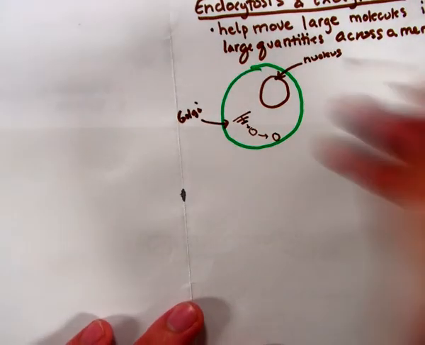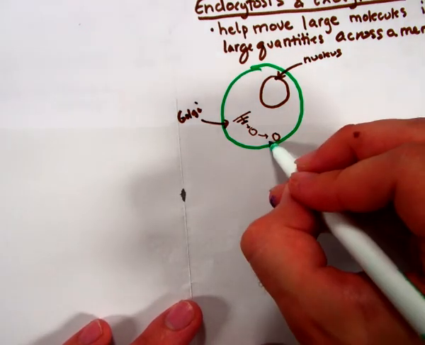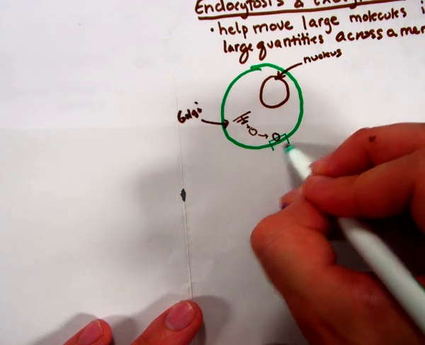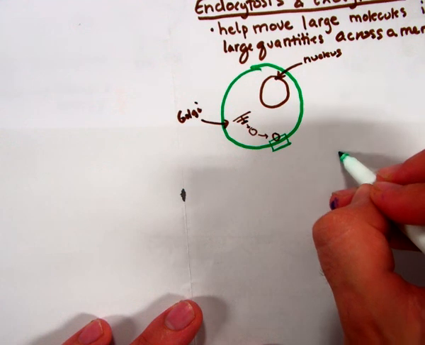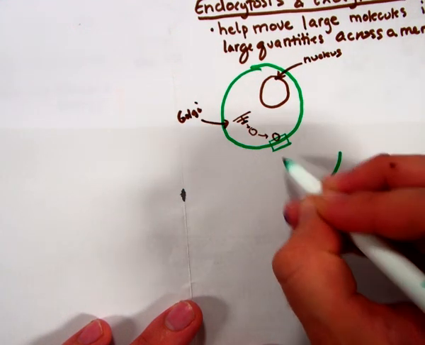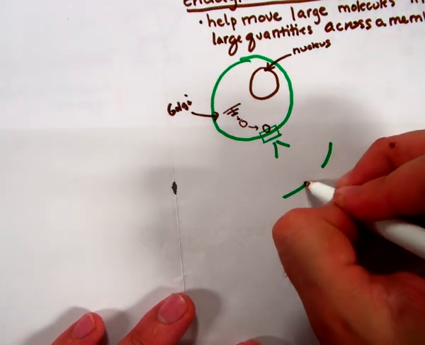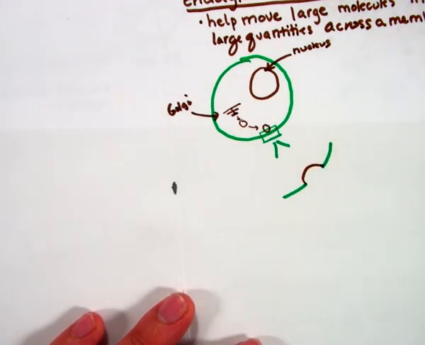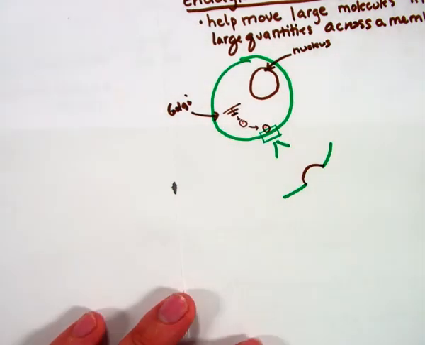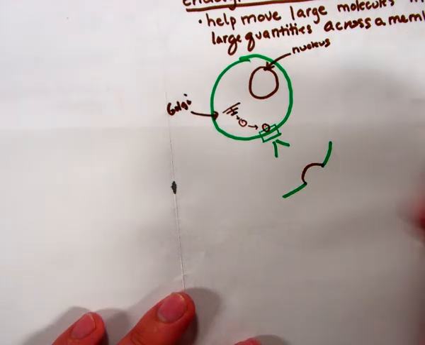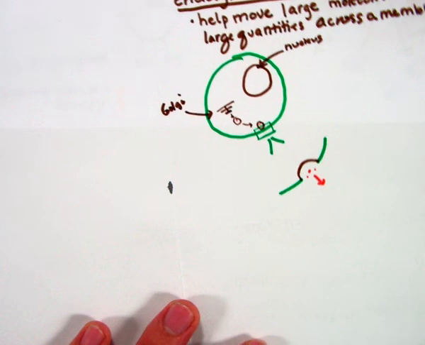So what ended up happening is that whatever is inside those little vesicles will be released out of the cell.